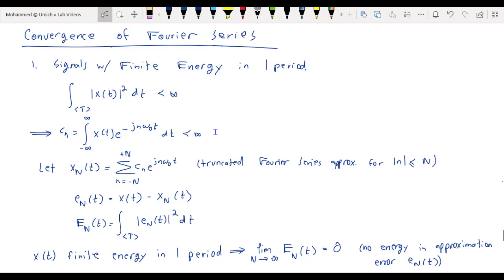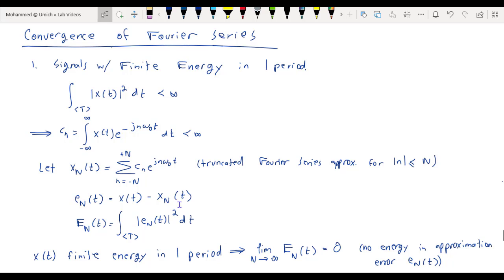Also, if we let xn of t be the truncated Fourier series approximation, using the coefficients Cn in the complex exponential Fourier series expansion for absolute value of n less than or equal to capital N, we can define little e sub n of t to be the approximation error, x of t minus xn of t.